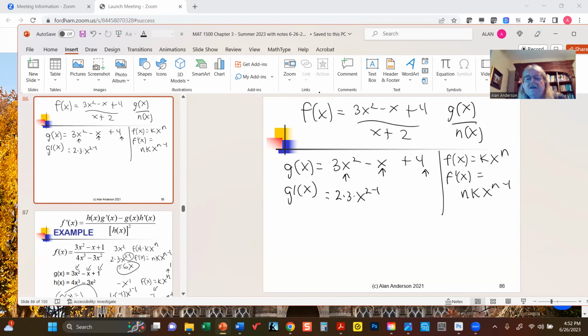Now, the x one is actually surprisingly tricky because minus x is actually the same thing as minus 1 times x to the 1. So it means the derivative nkx to the n minus 1 will be 1 times minus 1 times x to the 1 minus 1.